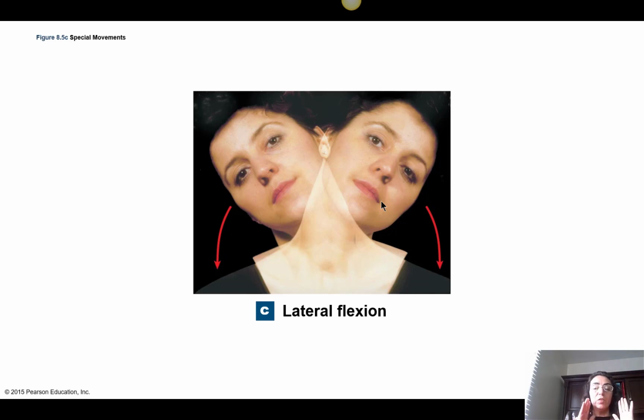Now, for the head, we said that if it goes to the right, we call it right flexion. If it goes toward the left, we call it left flexion. Now, what about if it goes to the side? This side or this side? This is a special movement and we call it lateral flexion. So don't mistake it with this. This is not lateral flexion. This is right flexion as if you're looking to the right.